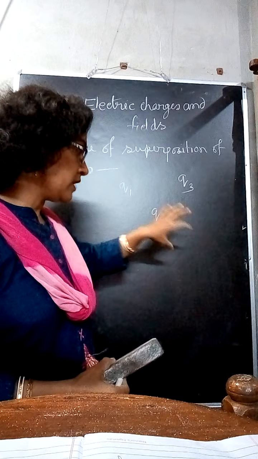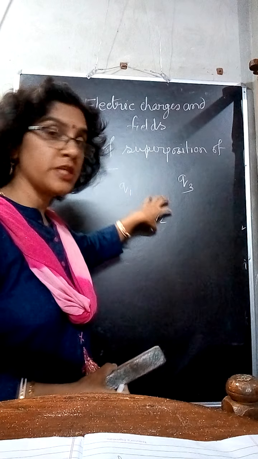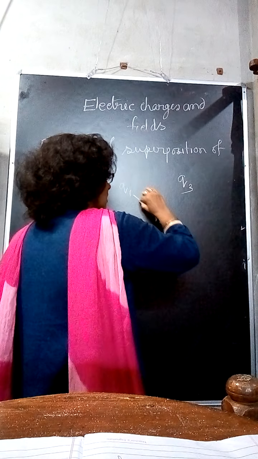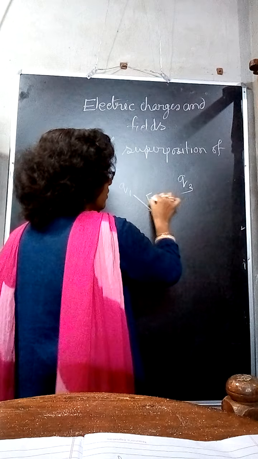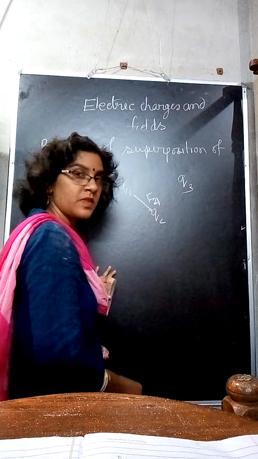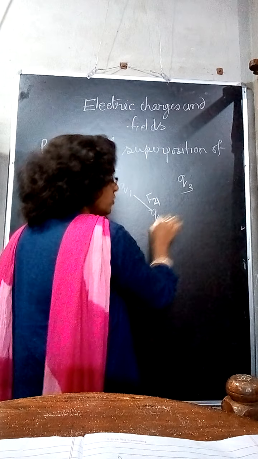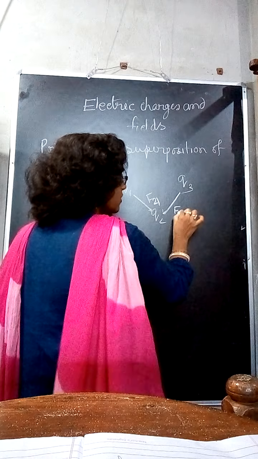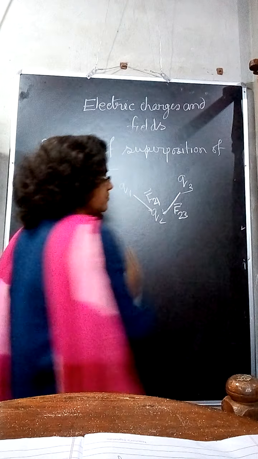If we consider the charge body Q2, suppose the force on charge body 2 due to Q1 will be F on 2 due to 1, and the force on charge body 2 due to Q3 will be F on 2 due to 3.